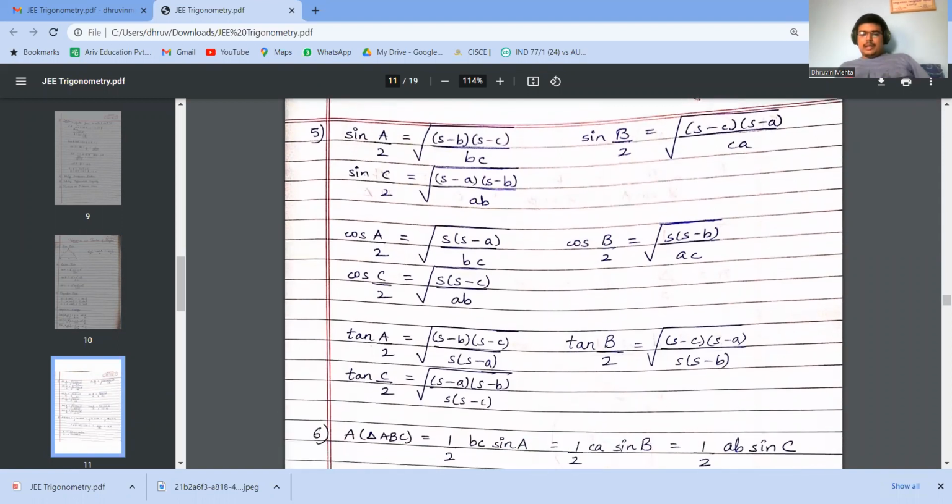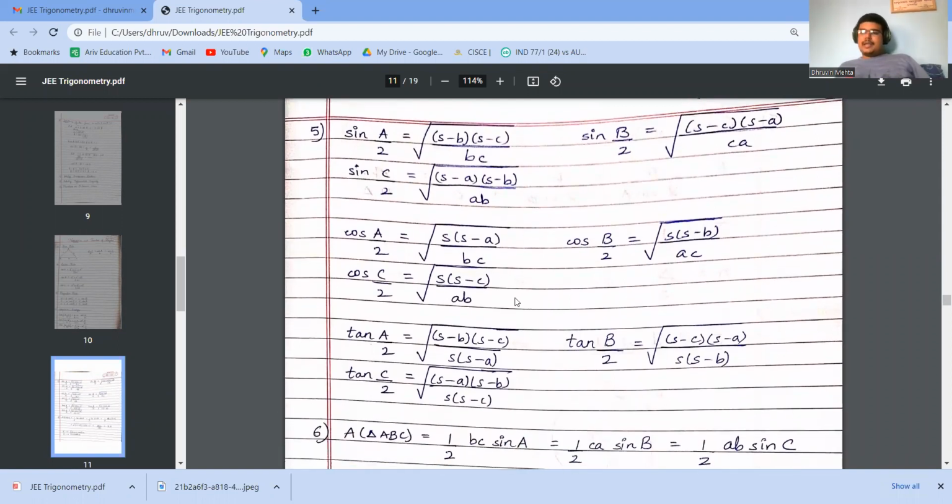Let's move ahead. Next, have you guys seen this formula for finding area? There is one more formula for finding area. One is Heron's formula which we saw; other than that there is one trigonometry related formula. So if we have a triangle ABC where this is length a, this is length b, this is length c, one of the formulas for finding area is half into b into c into sine of the angle which is between the two sides.